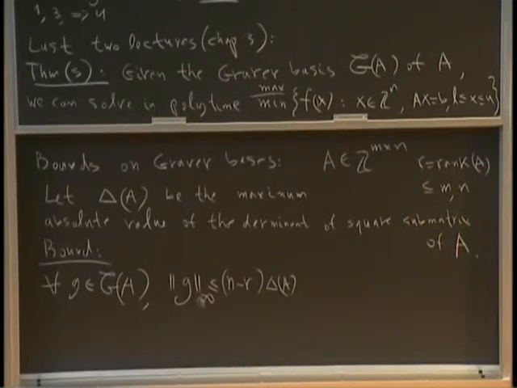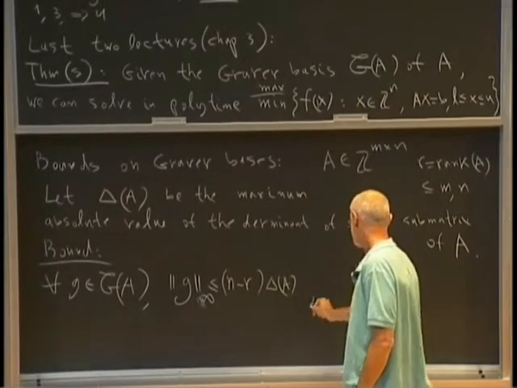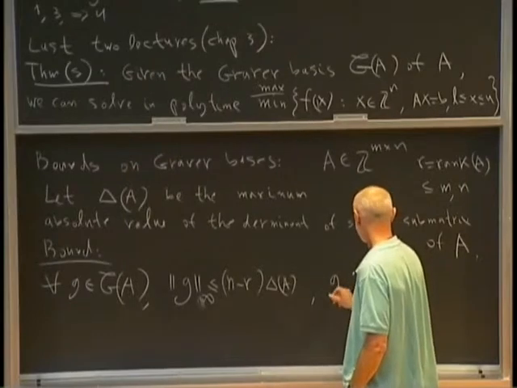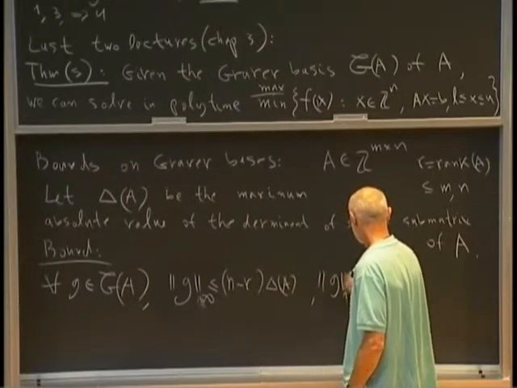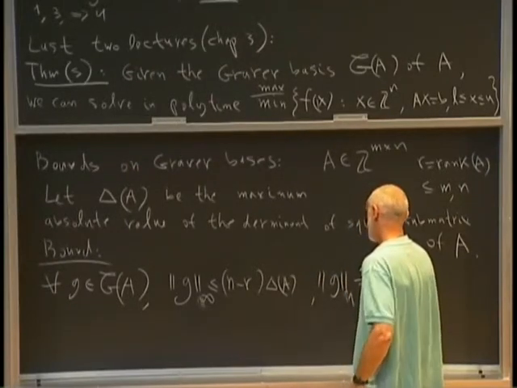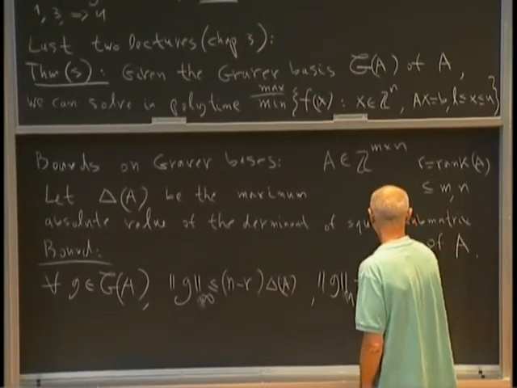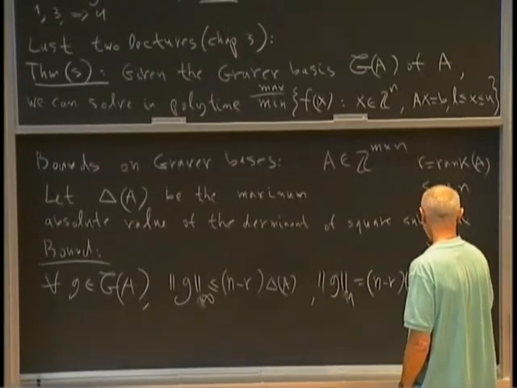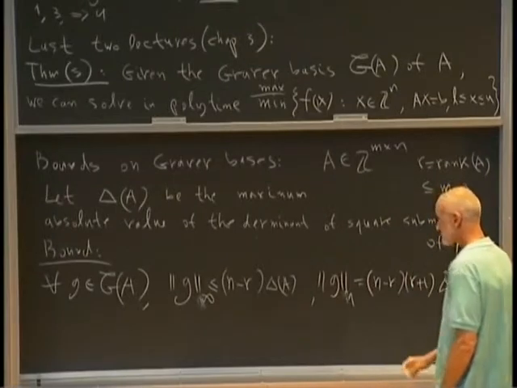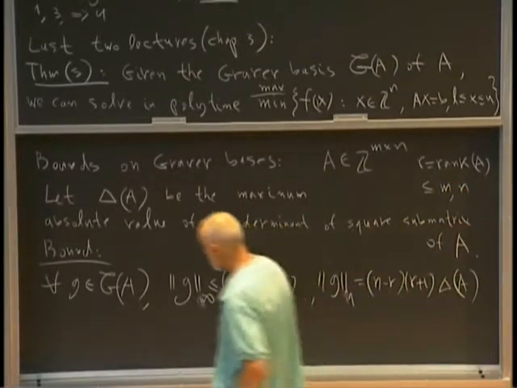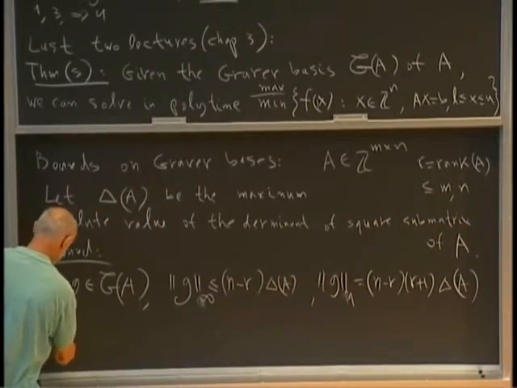If you don't know the rank, you just put an m there. And the 1-norm G1 is less than or equal to n minus r plus 1 times delta A. So this tells you that the Graver basis is contained in a finite box.